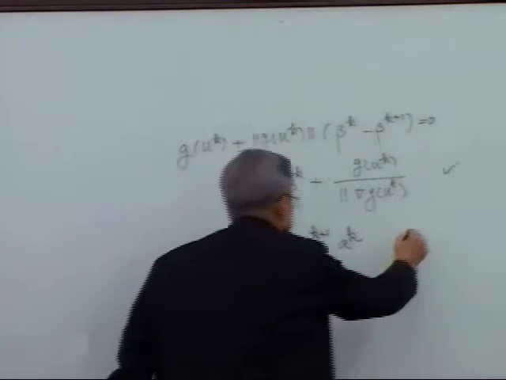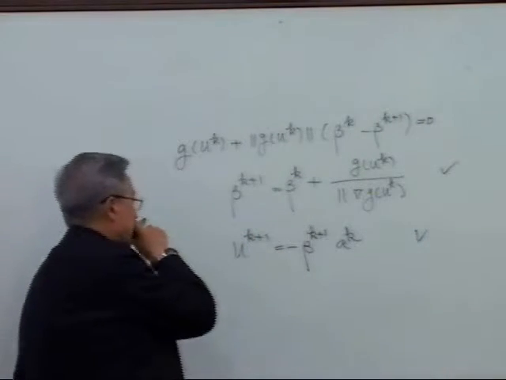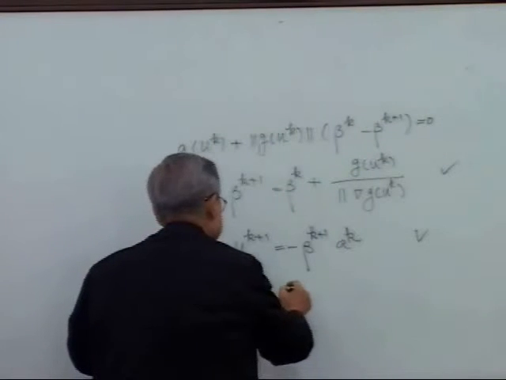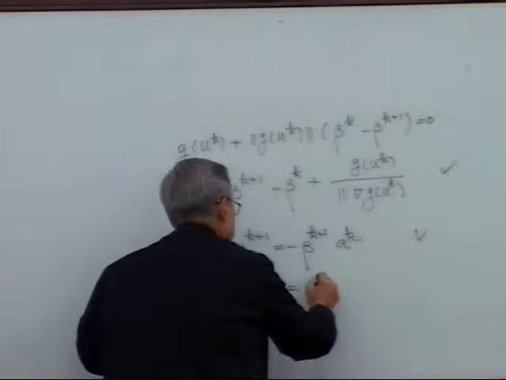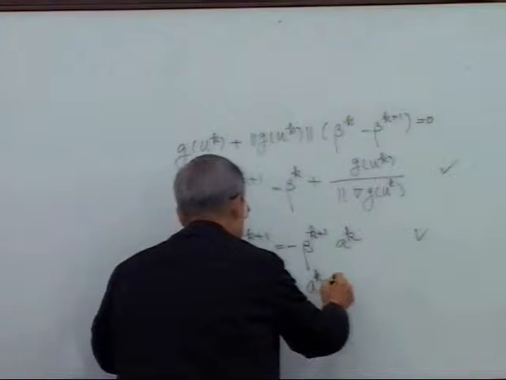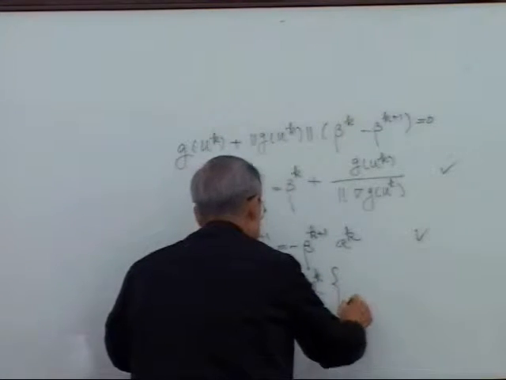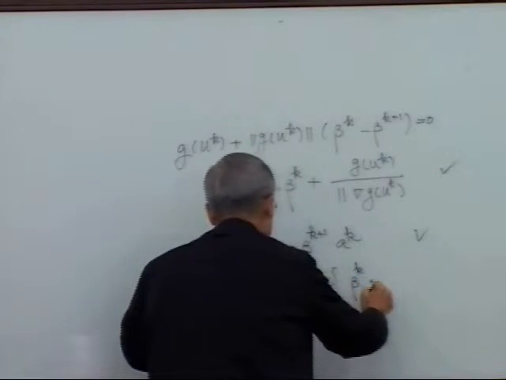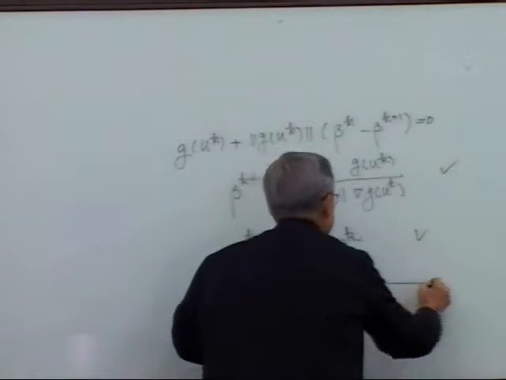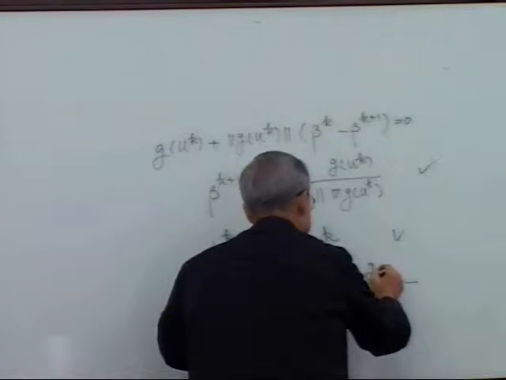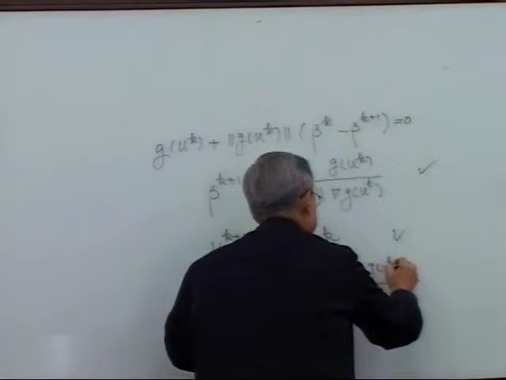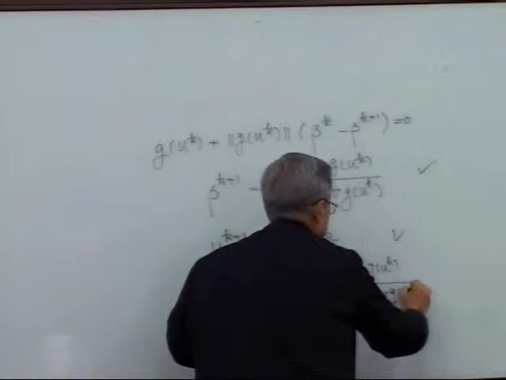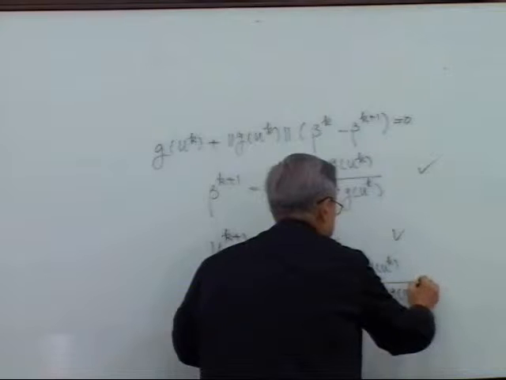So this equation is also very important, which is equal to a_k, minus a_k beta_k, back into here, G(u_k), the gradient of G at u_k.